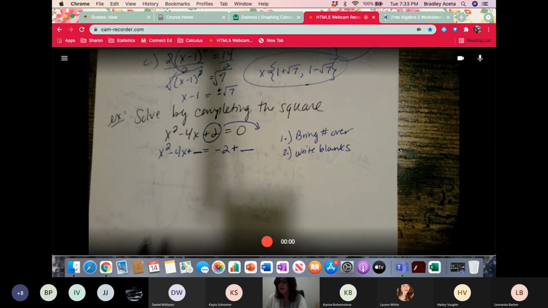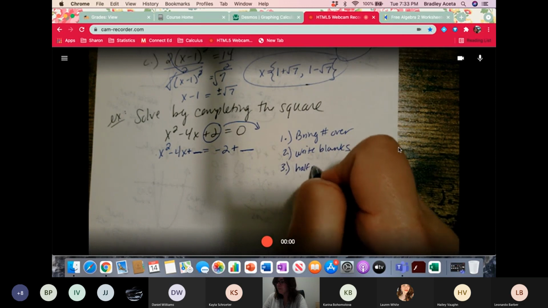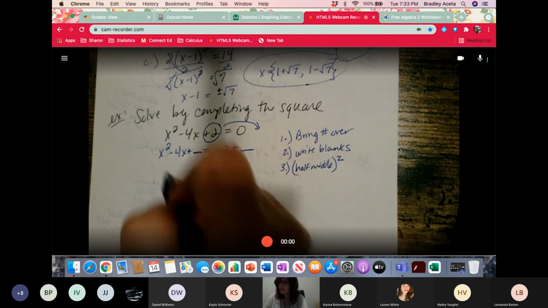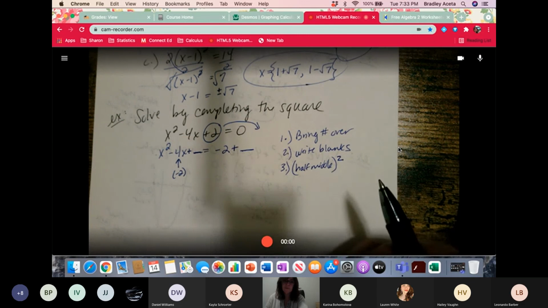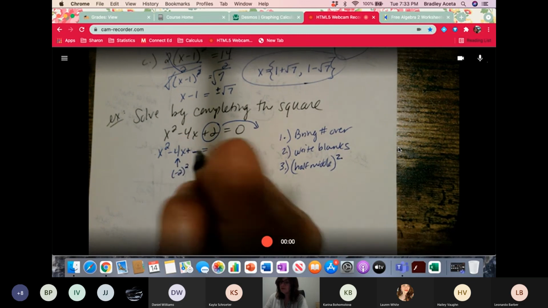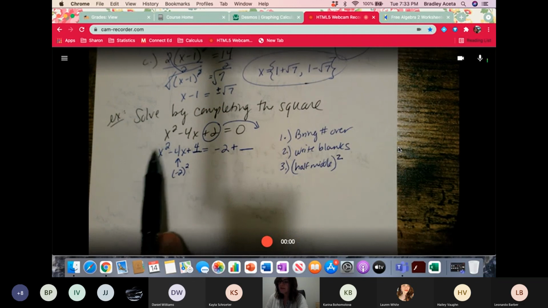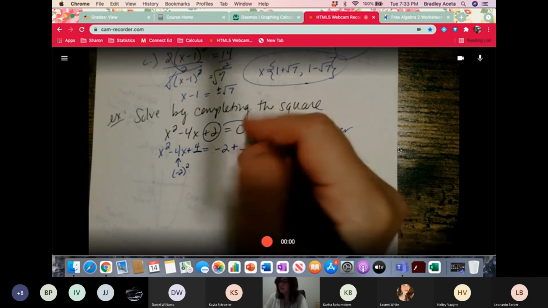It's a 1. Now take half of the middle x value and square it. Half of negative 4 is negative 2. Squared, it would go back to being positive 4. Since I didn't factor anything out, that plus 4 goes over here also.